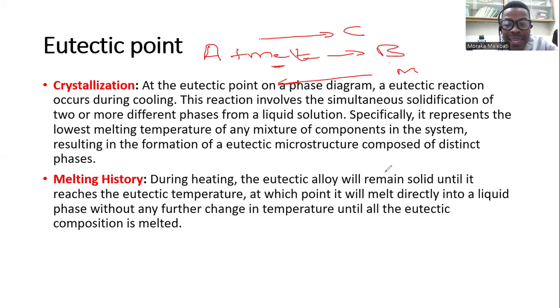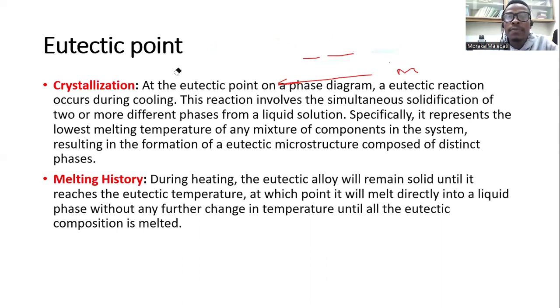So it will wait there, okay? Because when we reach that temperature, it is constant, without further change in temperature until all of the eutectic composition is melted, and then we're going to have A plus B. I hope it makes sense.